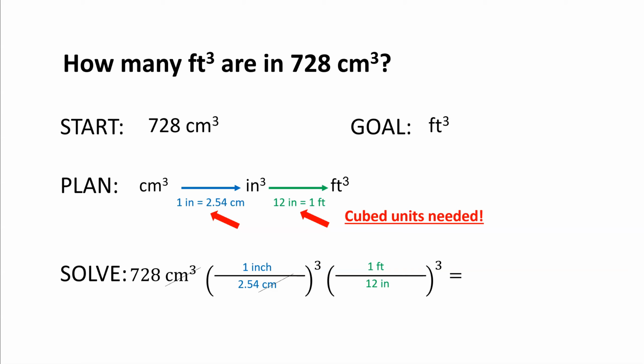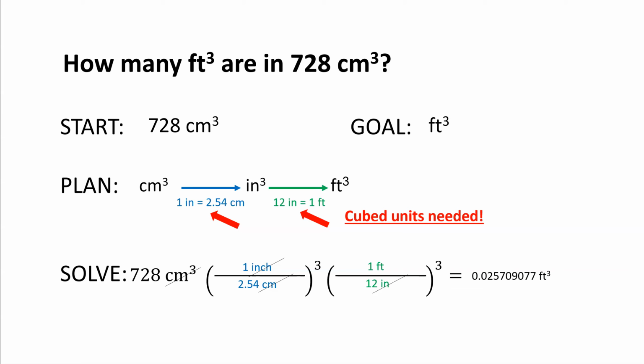Our centimeters in our inch to centimeter conversion will be cubed eventually when we apply that. It will apply to all the numbers and the units inside those parentheses. So that centimeters in the denominator will become cubic centimeters and cancel. And the same thing will happen with our inches. Both of them will get cubed as the process occurs there, along with the number that goes with them. So the units of inches cubed will cancel, and we're left with just the units of cubic feet.